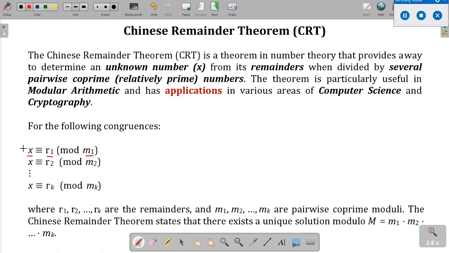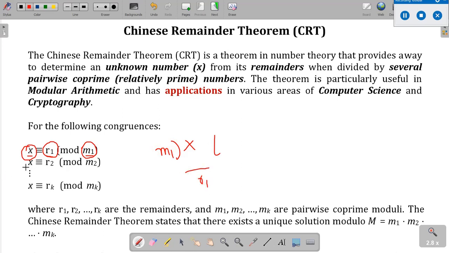यहाँ हम लोग x एक अननोन नंबर ले रहे हैं, जिस अननोन नंबर को हम डिवाइड करेंगे m1 से, तो इसका रिमाइंडर r1 होगा. If we divide this x by m1, then we get remainder r1.